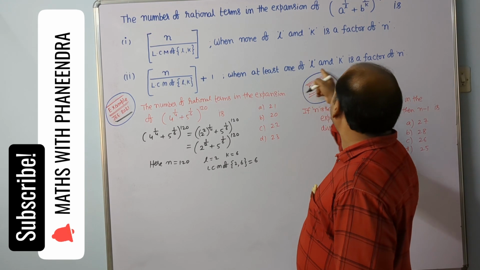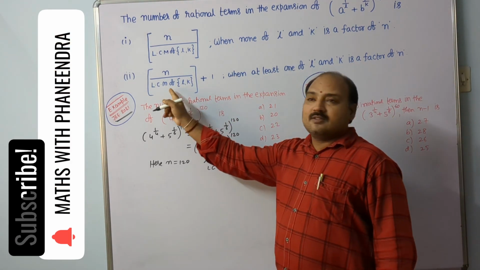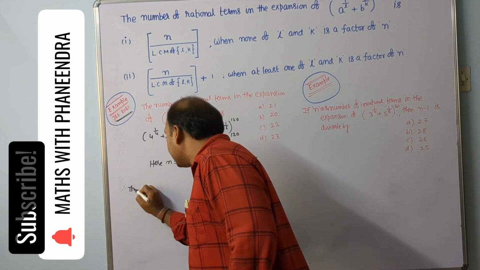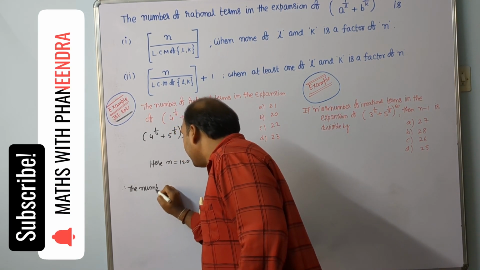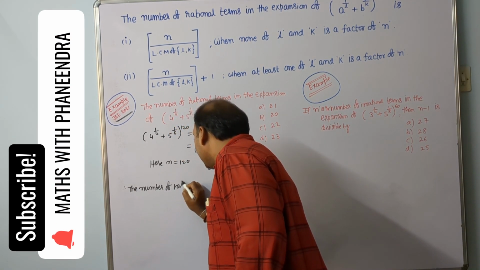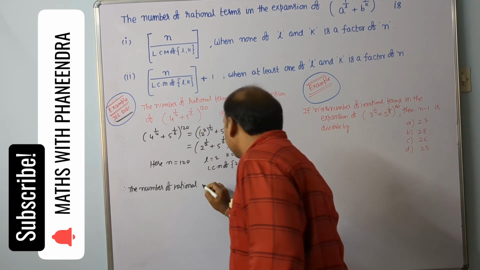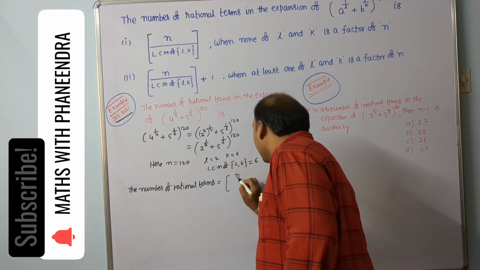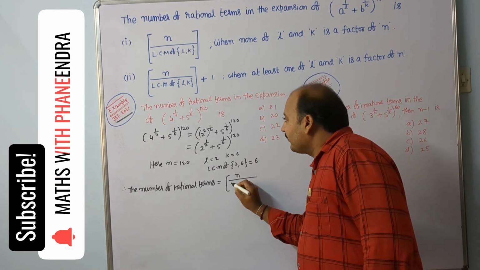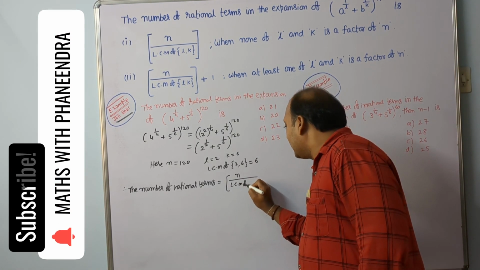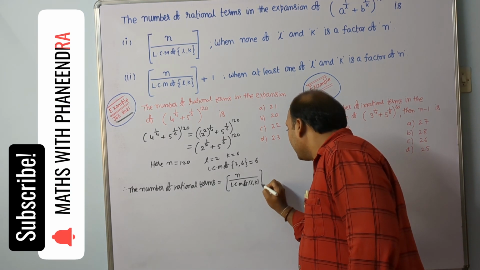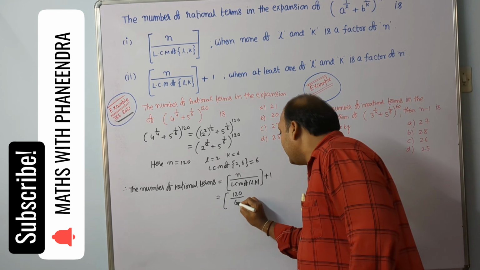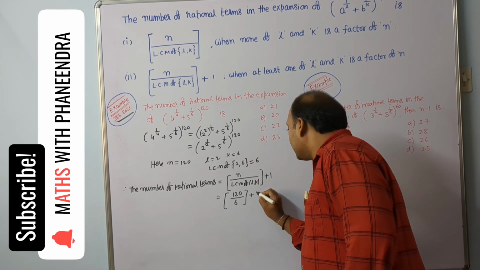At least one of l and k is a factor, then the number of rational terms is equal to n by LCM of l, k, plus 1, which is equal to n is 120 divided by LCM 6, plus 1.